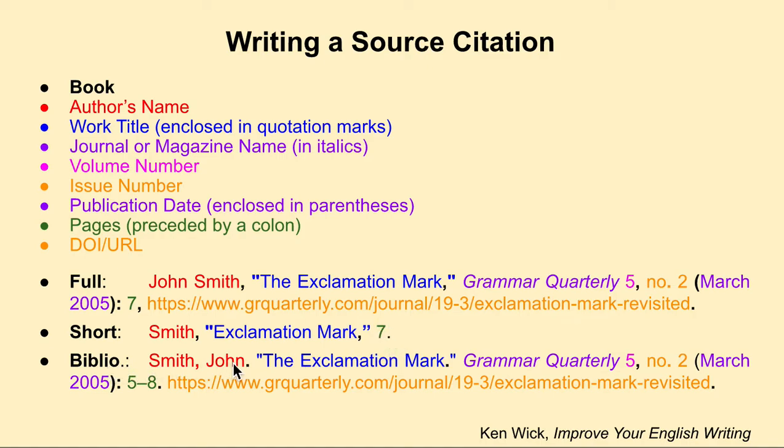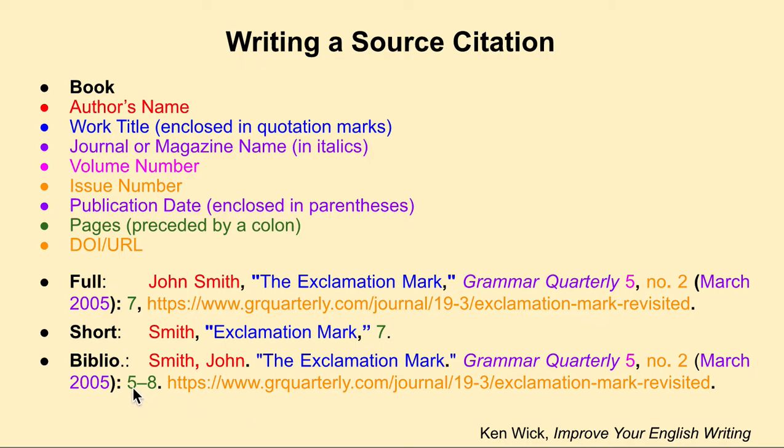But when you have the bibliography, you're going to list the full range, where the article appears on multiple pages, so 5 through 8. Because in the bibliography you want to say this article actually appears on pages 5 through 8 in this magazine.